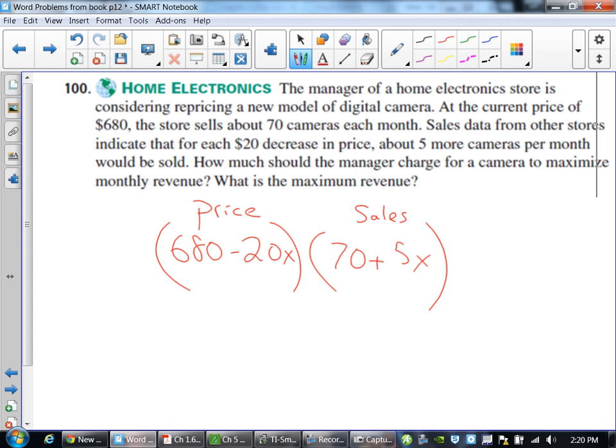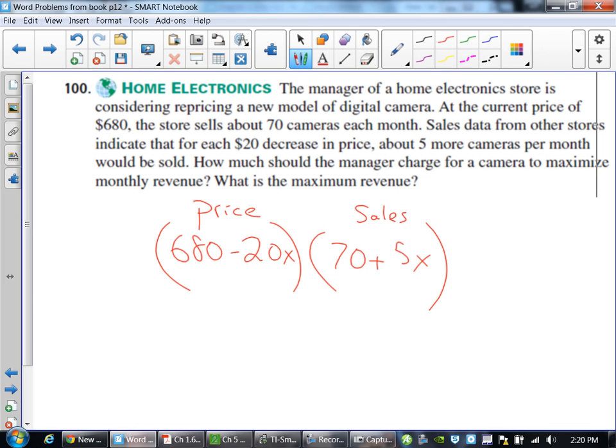That correlation between them is why the variable just X has to work for both of them. Because if you drop the price by 4 times 20, your sales will increase 4 times 5. Does that make sense? Yeah. That's the relationship there. That's how these quadratic setups work.